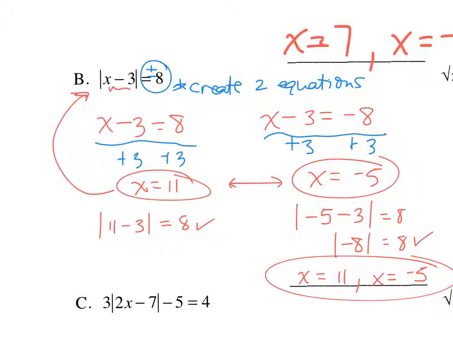So does the original equation have absolute value bars? Yes. So now I have to go back and use the absolute value bars. Okay, good question. So that's why I put the absolute value bars here, and that's why I went back to a positive 8. Because I have to check it with the original question. Does that make sense? Because you wanted to plug it in here, didn't you? Yeah, okay. Always plug it back into the original question.